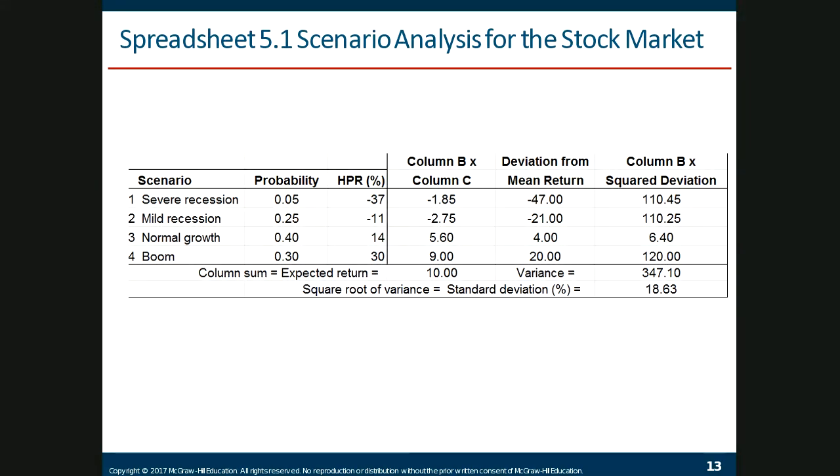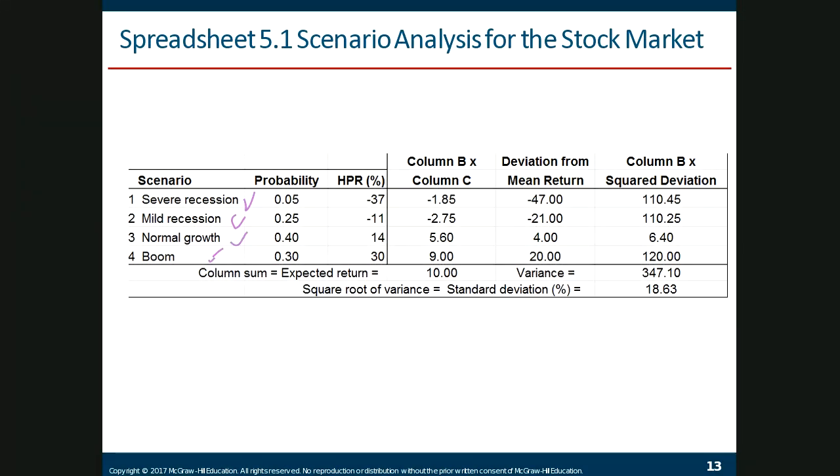Okay, so scenario analysis. If we're talking about a specific one, then we can see in this particular scenario, we could have severe recession, mild recession, normal growth, we can have a pretty good time.